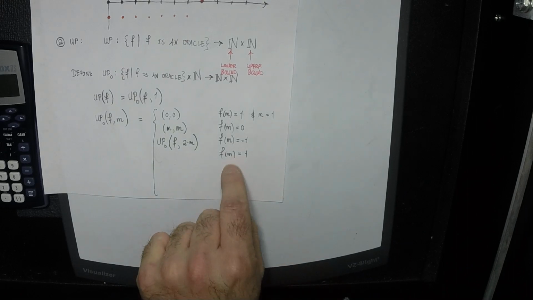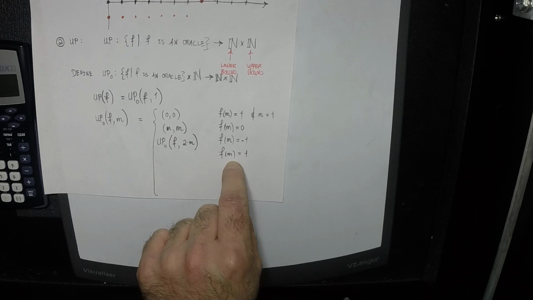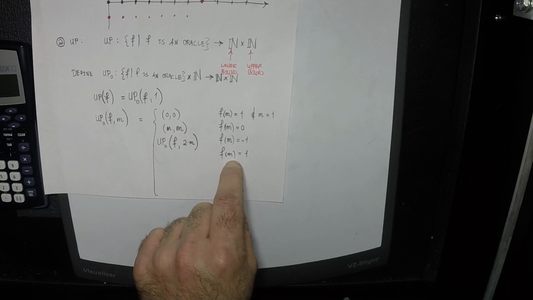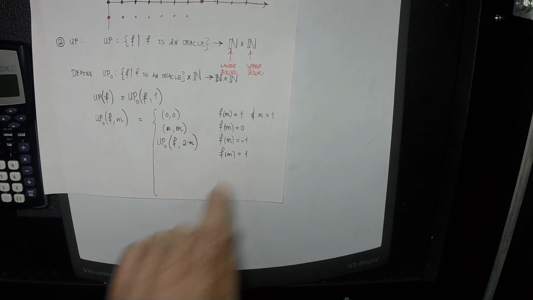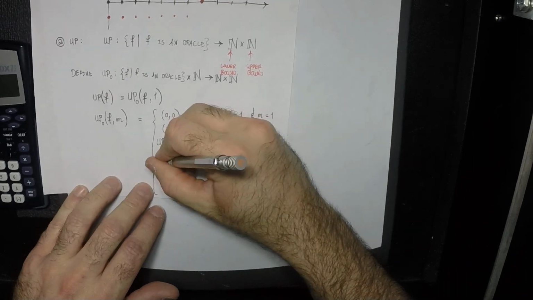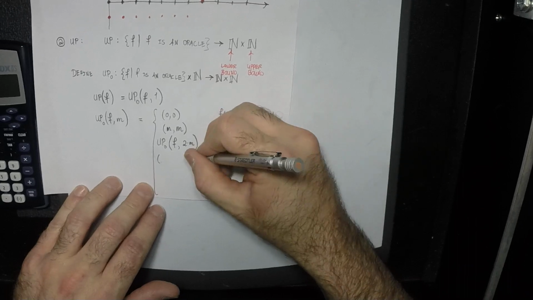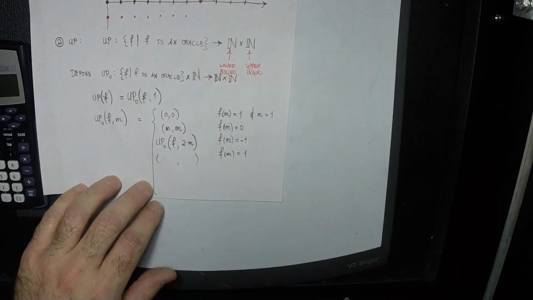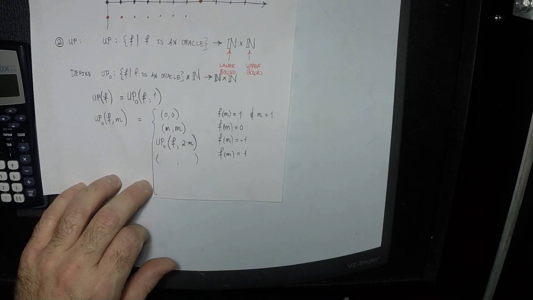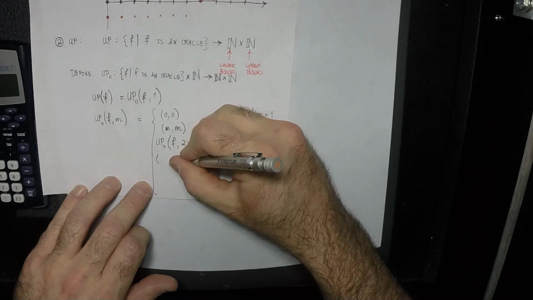So writing this means that f of m is 1 and furthermore m is not 1. In that case we know the upper and lower bounds. What's the upper bound? M minus 1.